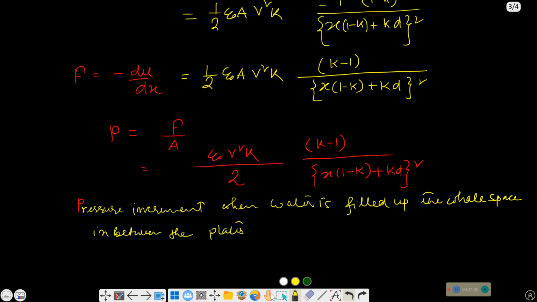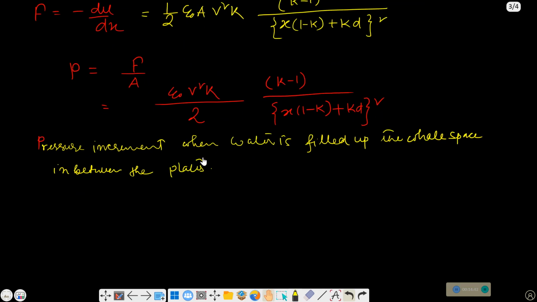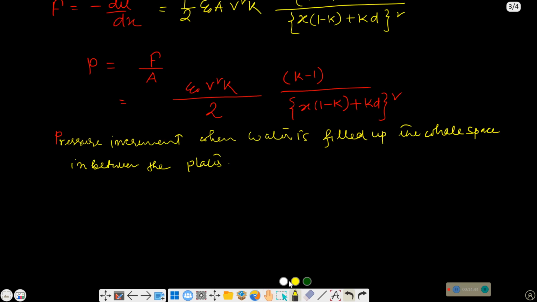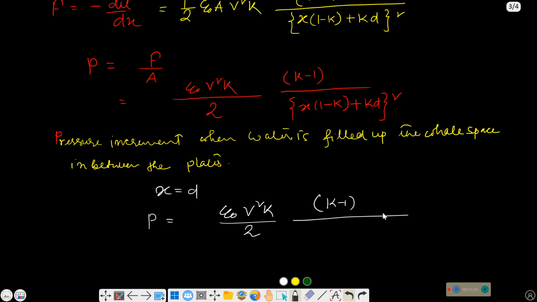For this we just need to put the value of x equal to d. Then we can have the value of the pressure as epsilon naught V square k by 2, k minus 1 by d. In place of x, we need to put d into 1 minus k plus kd, squared.